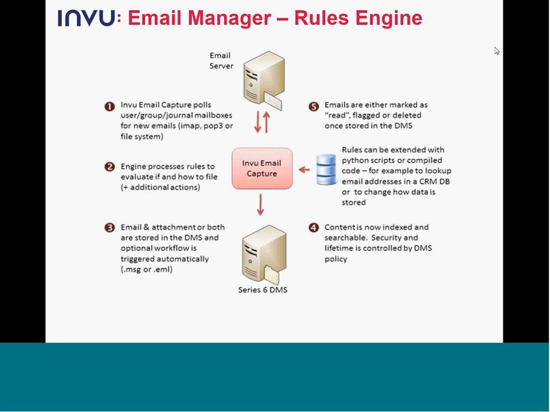So when the engine picks up an email and it says, right, the from address on the email is joeblogs@yahoo.com, does that email address exist in my finance system? Yes, it does. Therefore, I need to file it using this client code with this information, and then that'll be it. It's filed in Invu.